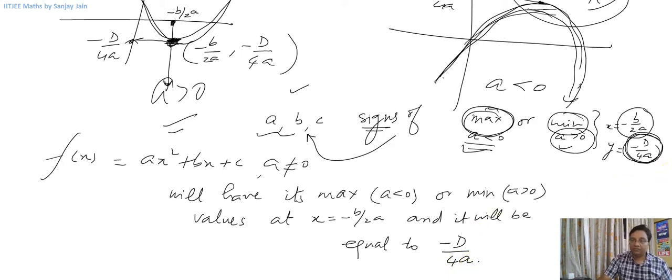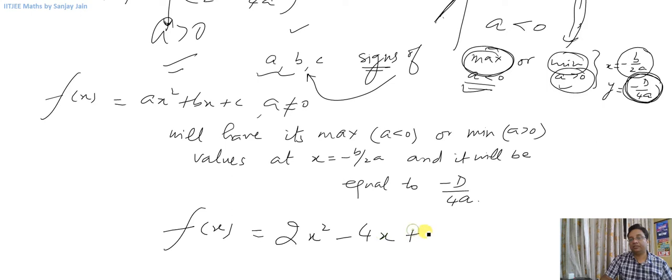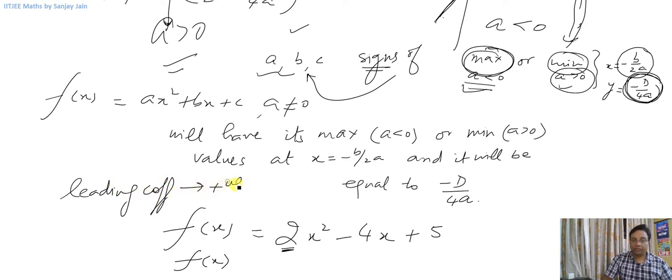So if you are given a certain quadratic polynomial, in this case let us say 2x square minus 4x plus 5, what can you say about it? Now you can say that a, the leading coefficient, is positive, so the graph will open upwards, hence it will have a minimum value.